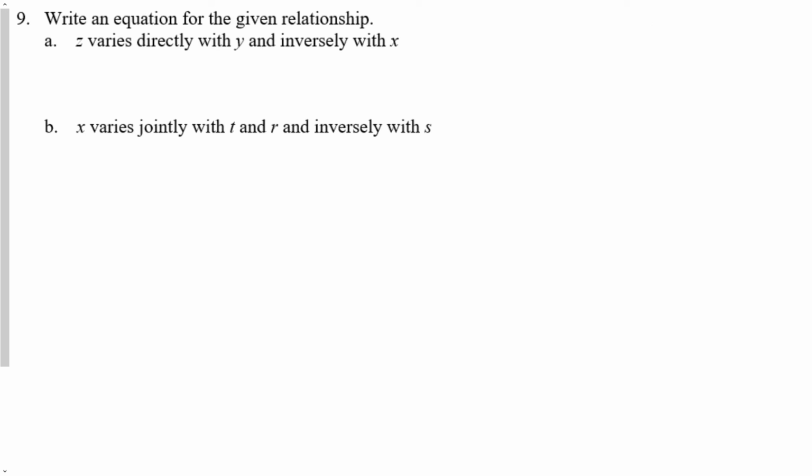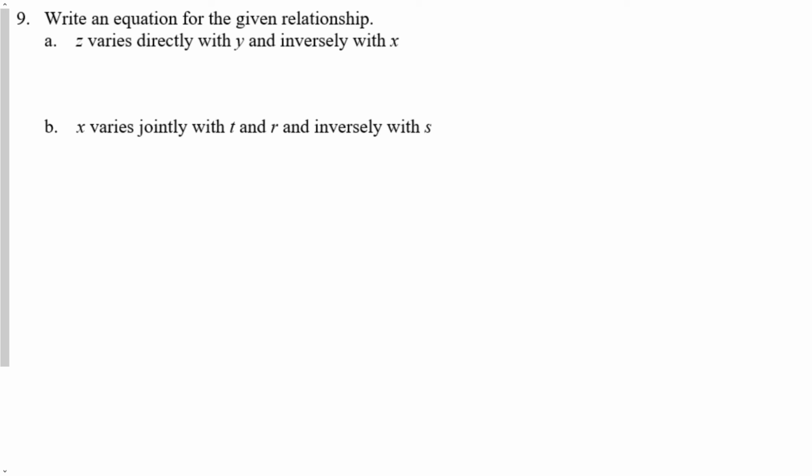The next type of thing you're going to be asked to be able to do is take an expression or a short sentence and rewrite it as an equation using what you know about direct variation, inverse variation, and joint variation. And the nice part about this is when you're writing the equations, you really can just work from left to right in the wording that you're given.